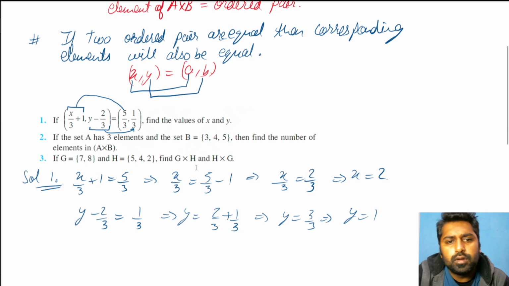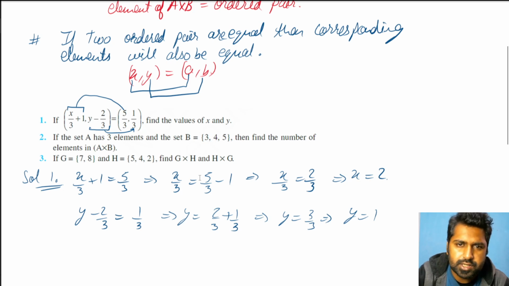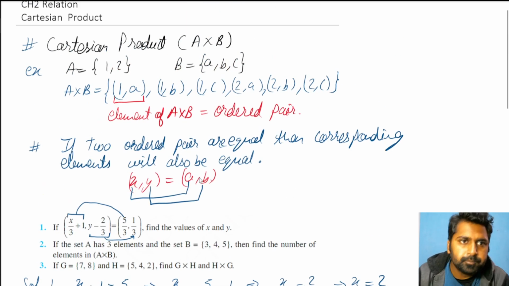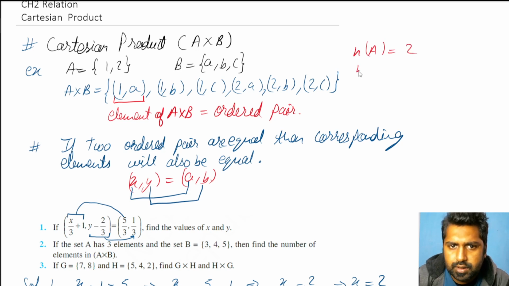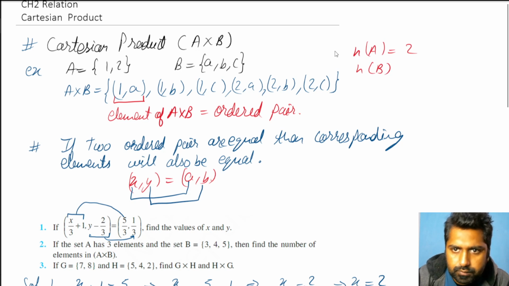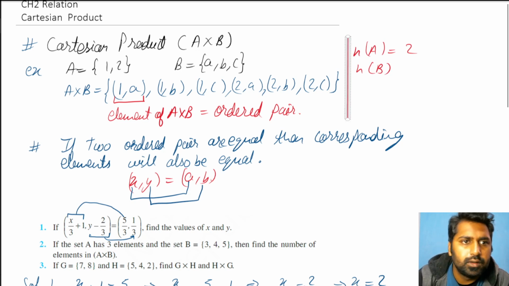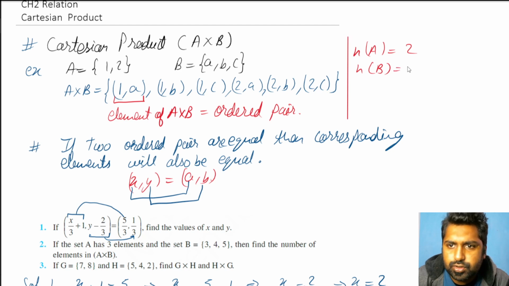Now, the next question: if set A has 3 elements and set B is this, find the number of elements in A cross B. For that, let's go back to the example that we just discussed. Number of elements of set A: how many elements were there? 1 and 2, so 2 elements. Number of elements of set B: that's a, b, c, so 3 elements.